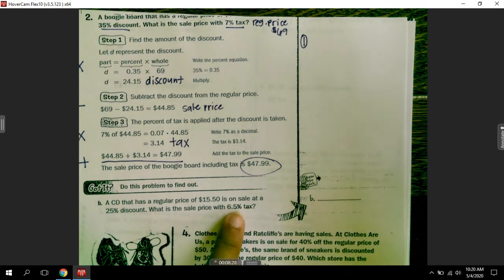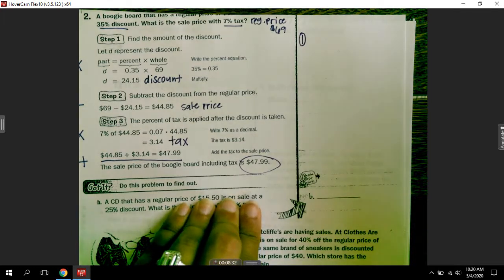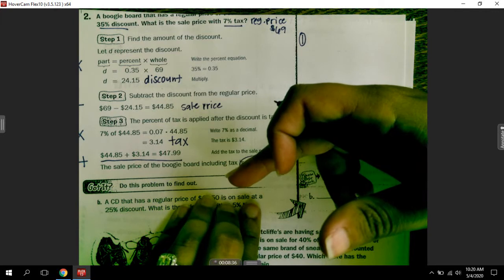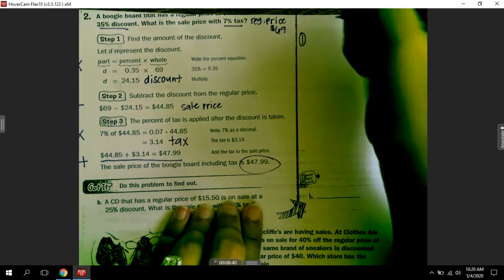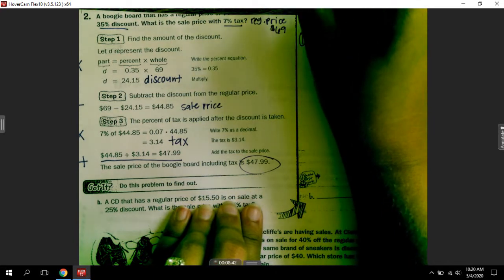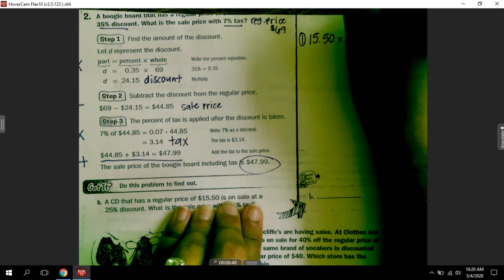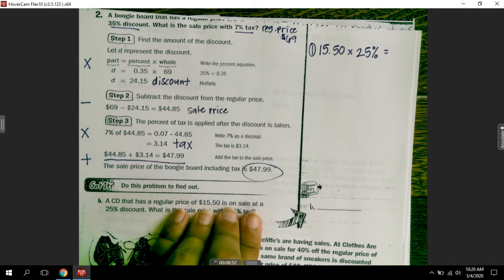So step 1, I'm not paying attention to this tax yet. I'm just going to treat this like a normal discount problem. So it's $15.50 and it's on sale for 25%. I'm going to multiply that $15.50 times the percent, which is 25, and find how much money I'm saving.